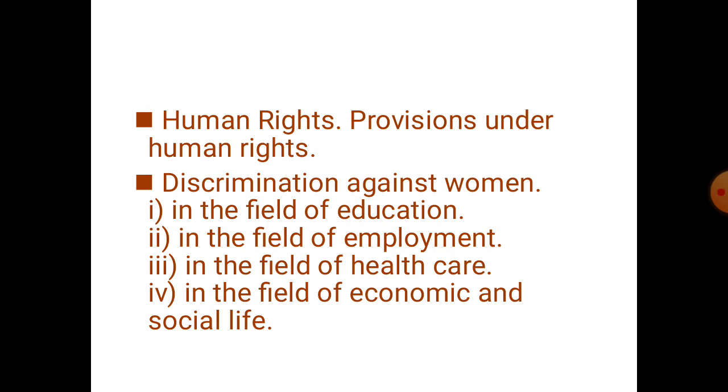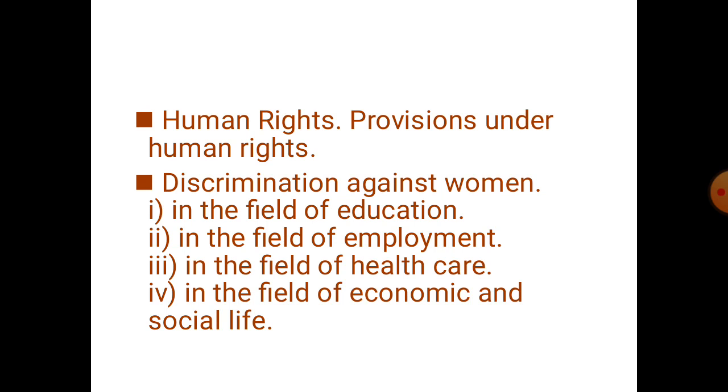The teacher will go to their native place or home and request the parents to send their daughter back to school. There are also the same opportunities to participate actively in sports and physical education. These are some of the steps taken by the government to eliminate discrimination against women in the field of education.